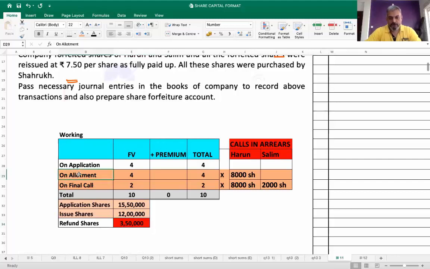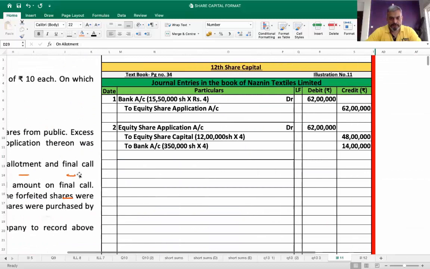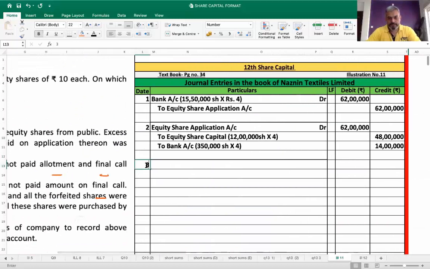Now we go for allotment. We call the allotment amount. So third, equity share allotment account debit.